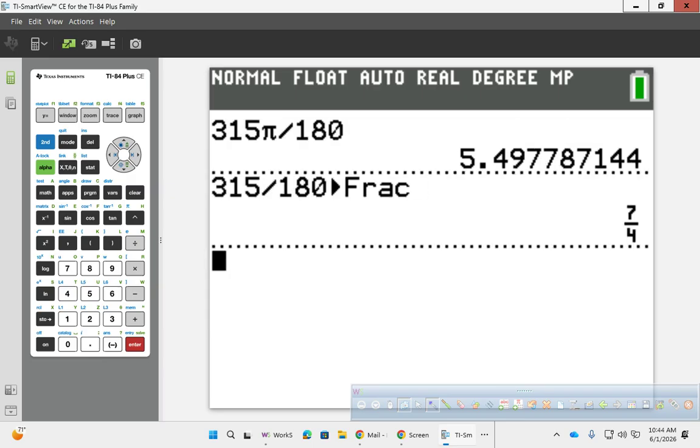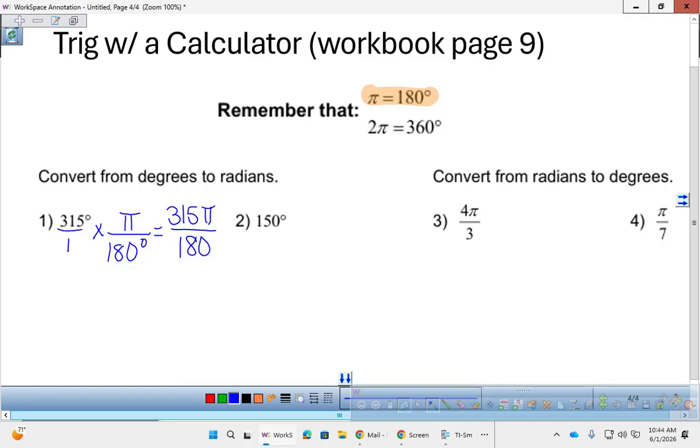I'm going to simplify that fraction and just leave the pi with it. So 315 divided by 180 is 7/4. And then the pi was up top, so the pi stays up top. So 315 degrees is 7 pi over 4.